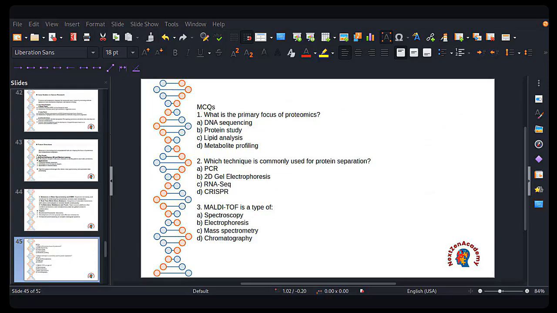So which technique is commonly used for protein separation? For protein separation, which technique is used? What's the answer for the second question? No one is responding.